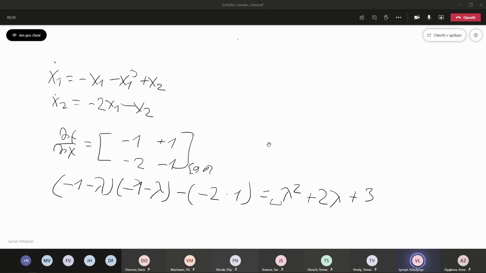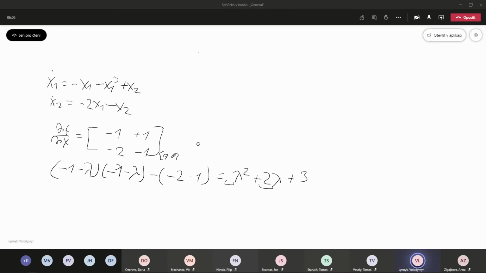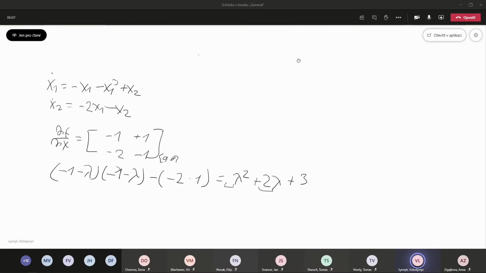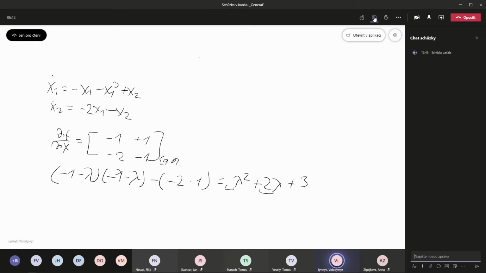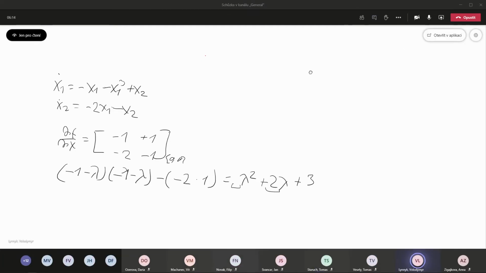Does someone have a problem with the whiteboard? Does someone see this information, this equation on the whiteboard? Me too.